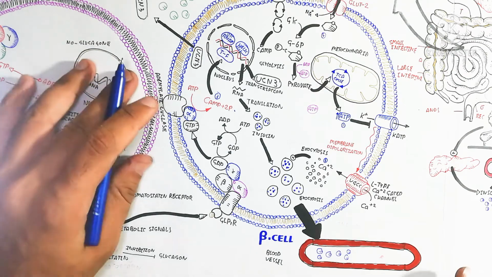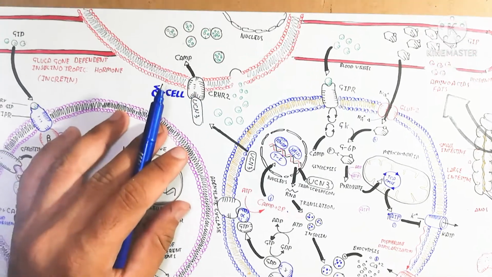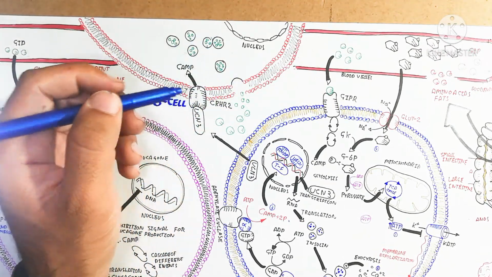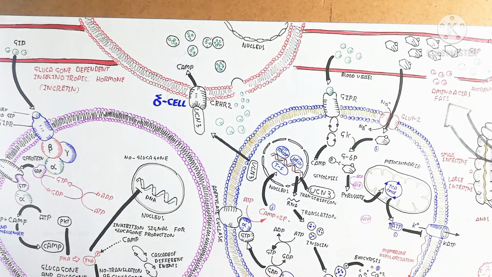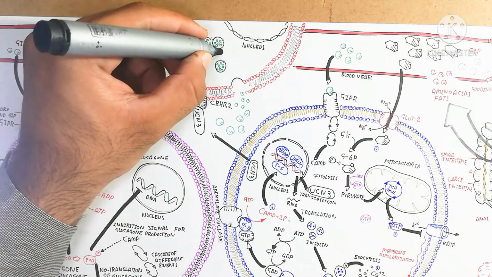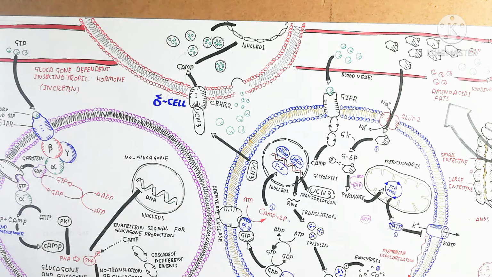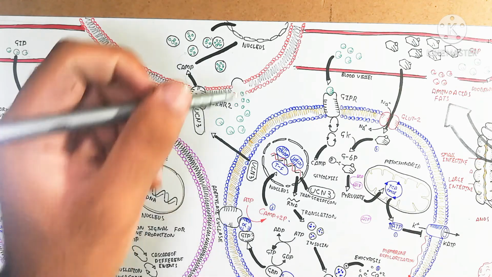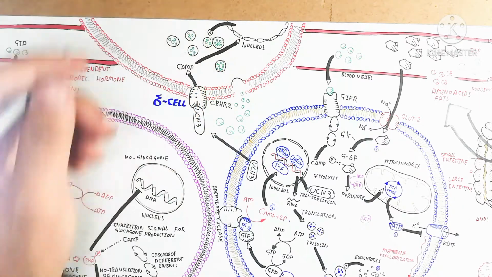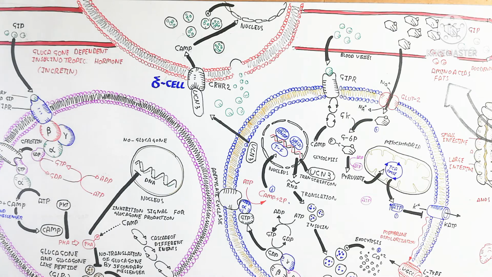The alpha cell produces GLP-1, which stimulates the beta cell to produce insulin in the presence of a high level of glucose during the fed state. In the fasting state, it is the opposite. On the other hand, the beta cell also stimulates the delta cell of the pancreas to produce somatostatin, and somatostatin is an important inhibitor of glucagon production and the GLP-1 receptor.